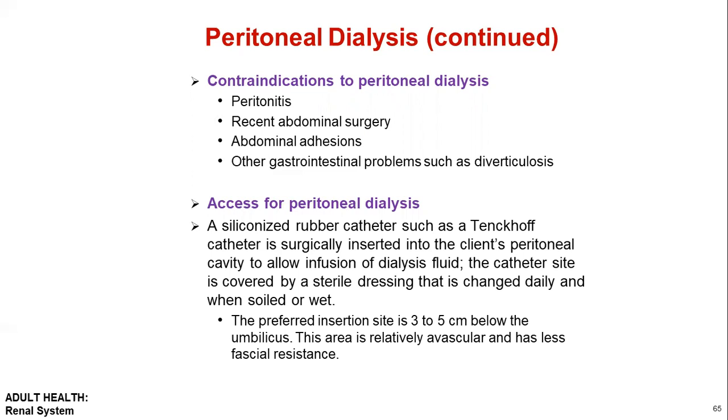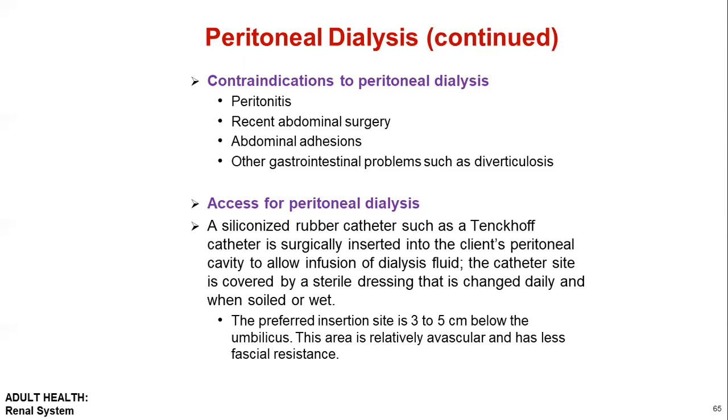And what is the access for peritoneal dialysis? Okay, basically we use a siliconized rubber catheter surgically inserted into the peritoneal cavity to allow infusion of fluid, called dialysis fluid. The catheter site is covered by sterile dressing gauze that is changed daily or changed if it gets wet.